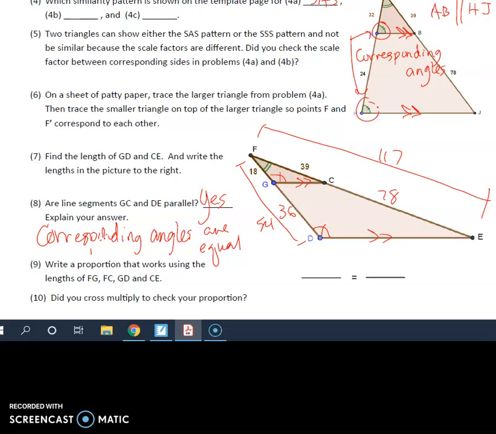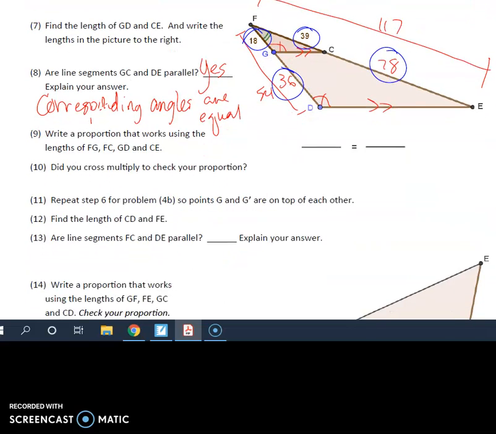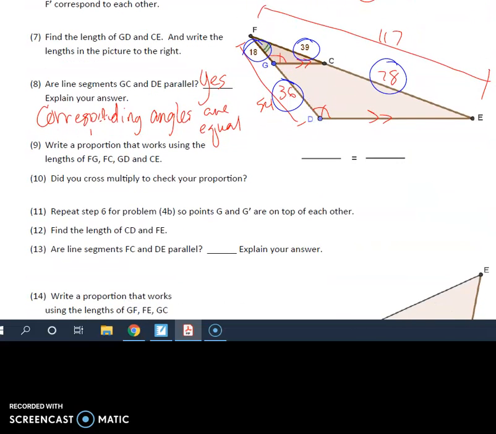It's asking you to write a proportion using the four numbers, 18, 36, 39, and 78, and try to come up with a proportion that actually would work when you cross multiply. So this is kind of more of an experiment. Let's see if we can figure out the right combination.